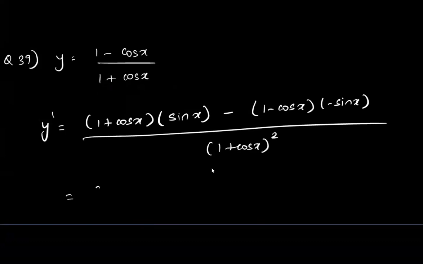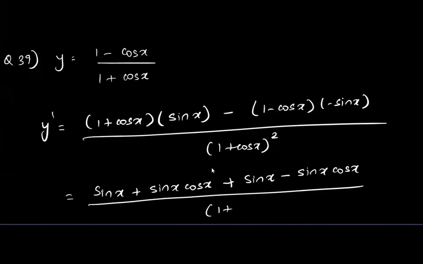So then I distribute, I have sine x plus sine x cosine x plus sine x minus sine x cosine x all over 1 plus cosine x the whole square.